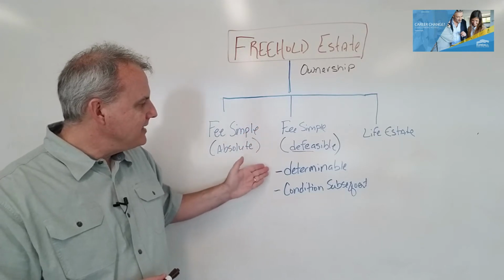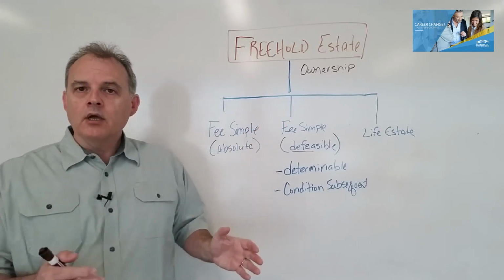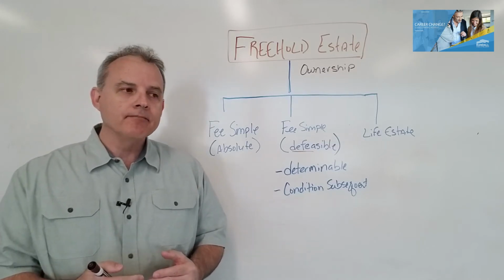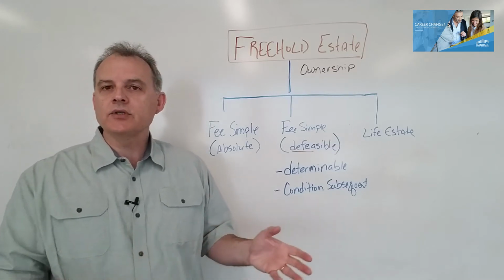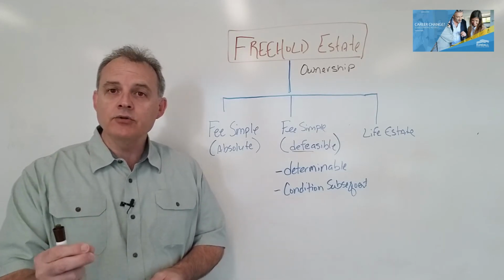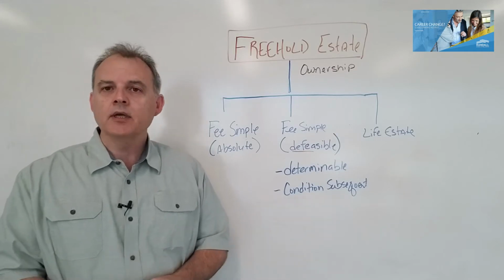Fee simple determinable. Let me give you an example here. Let's say that I own a piece of property and I'm going to give it to the city of Omaha under the condition that it be used as a park, whatever reason.